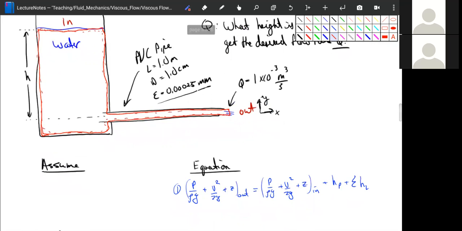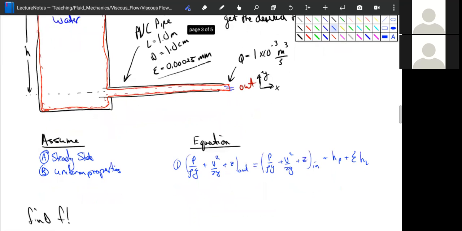So we're going to assume, by the way, a steady state, because remember we have to assume steady state in order to use this form of the conservation of energy equation. B, uniform properties, so that way we don't have to do the integral across any of our control volume surfaces. We're going to assume further, C, A in is much larger than A out, and we're going to use gauge pressures.